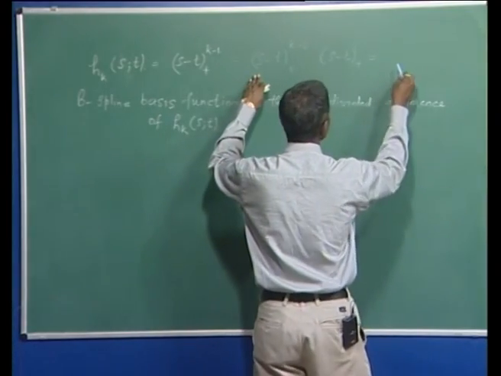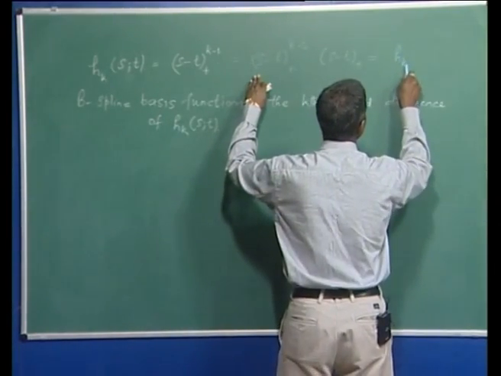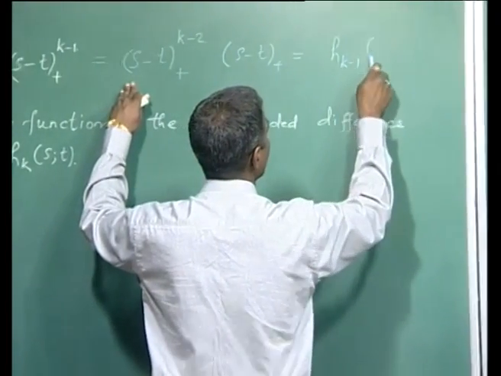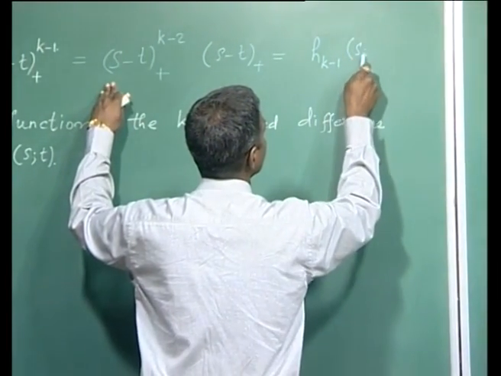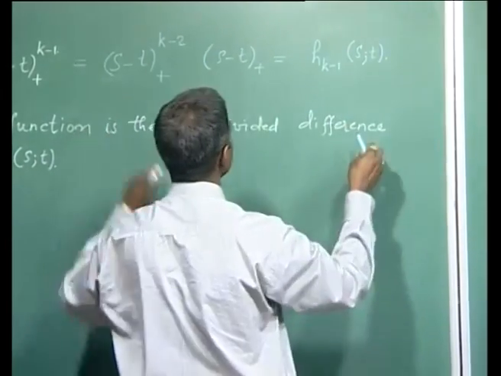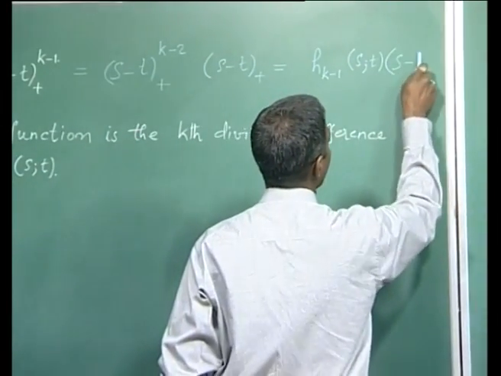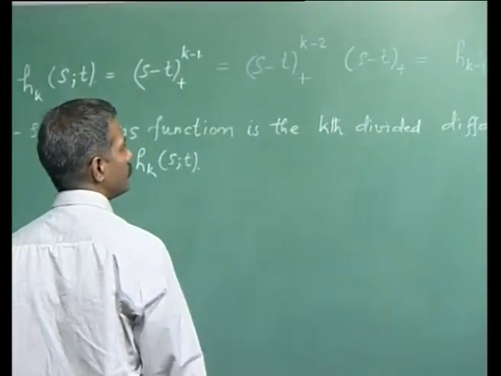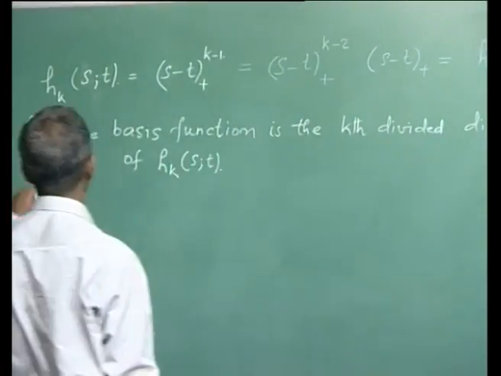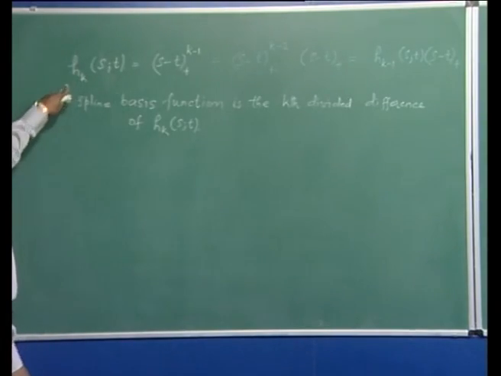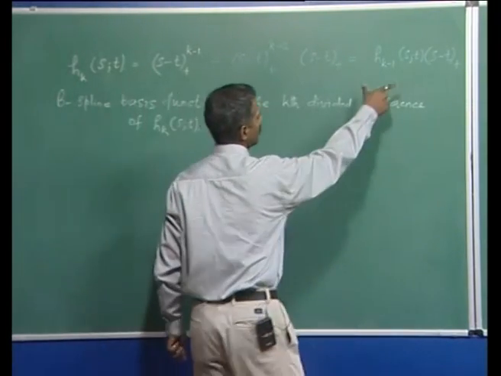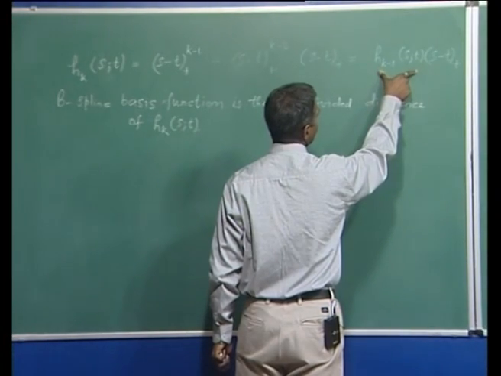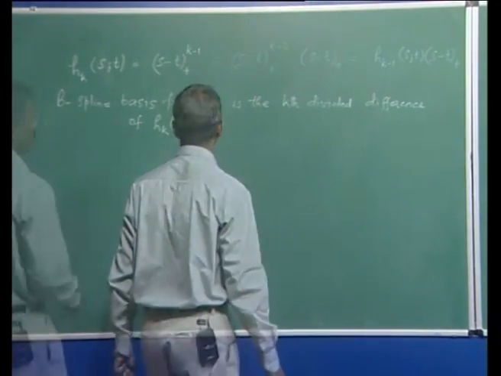This is equal to h_{k-1}(s; t) times (s minus t) truncated, by the notation that we use here. So this represents the (k minus 1)th order truncated power function.